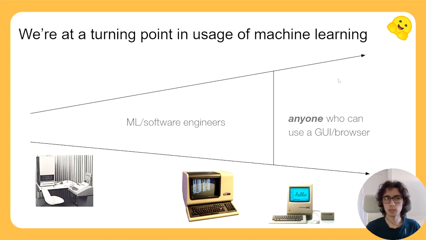Now with Spaces or with these nice demos, anyone who can use a graphic user interface or a browser can access these demos. And this is quite powerful, right? So if you have a model that might have some biases, this kind of open, transparent, public, open source approach will enable the community and a more diverse set of users to try out your model, and this will allow you to find biases in your model, issues, and other things.